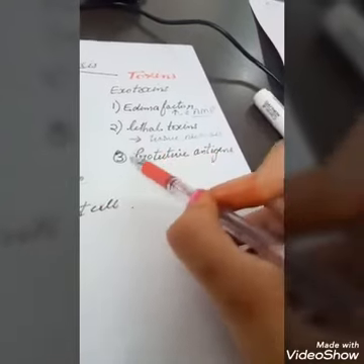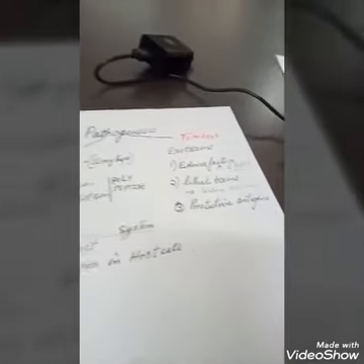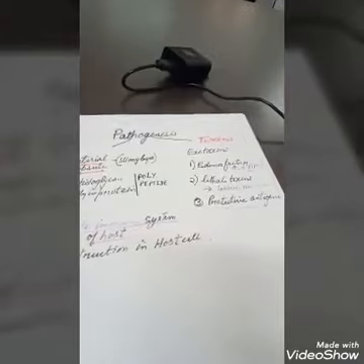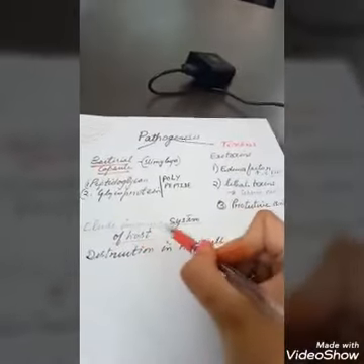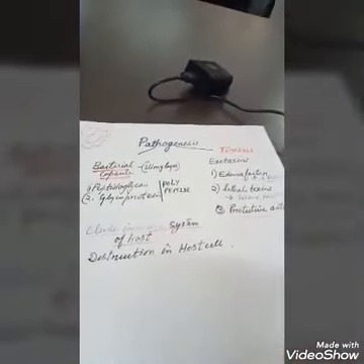Second is lethal toxin, which causes tissue necrosis. Third is protective antigen, which protects the bacilli from being engulfed by the macrophages. So that's how this bacteria eludes the immune system of the host and then starts destruction.